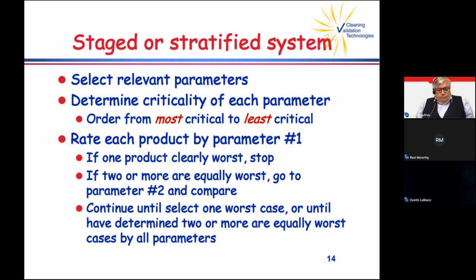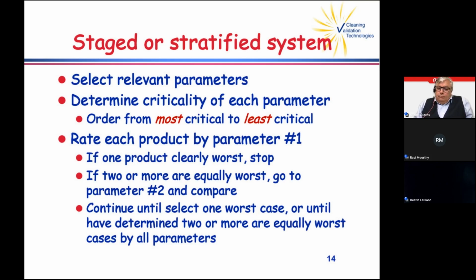That's the worst case. That's your representative product. If there's more than one product that is the worst case by that second parameter, then you go to the third parameter. So you continue until there's one worst case, or until you've determined that 2 or more are equally worst case by all parameters.